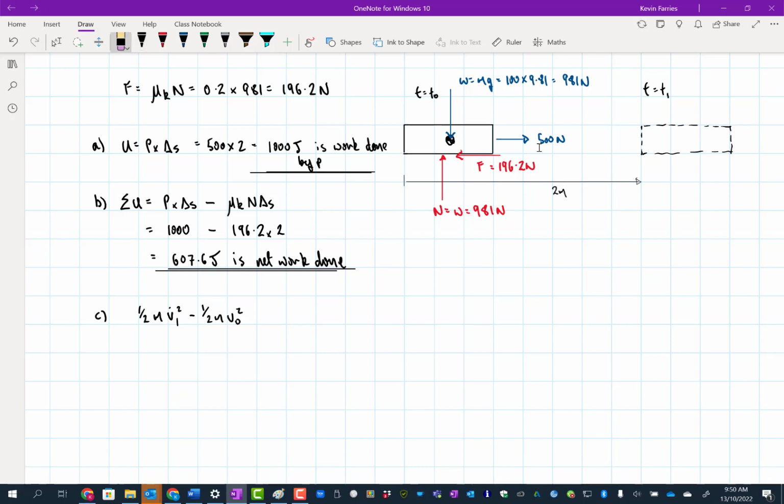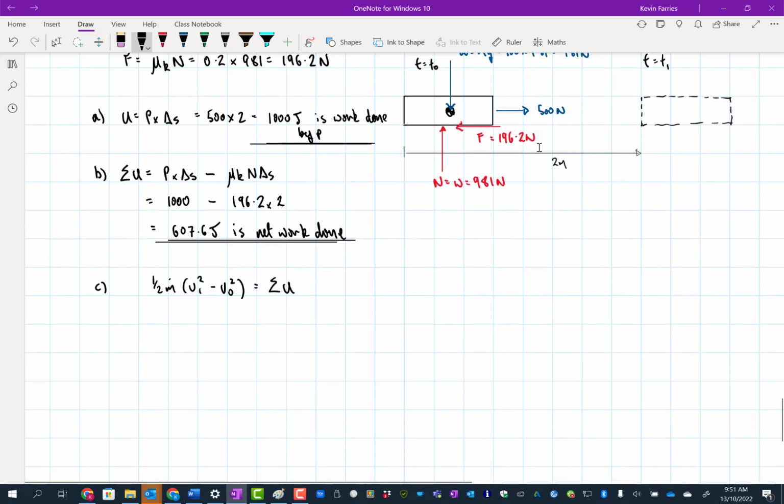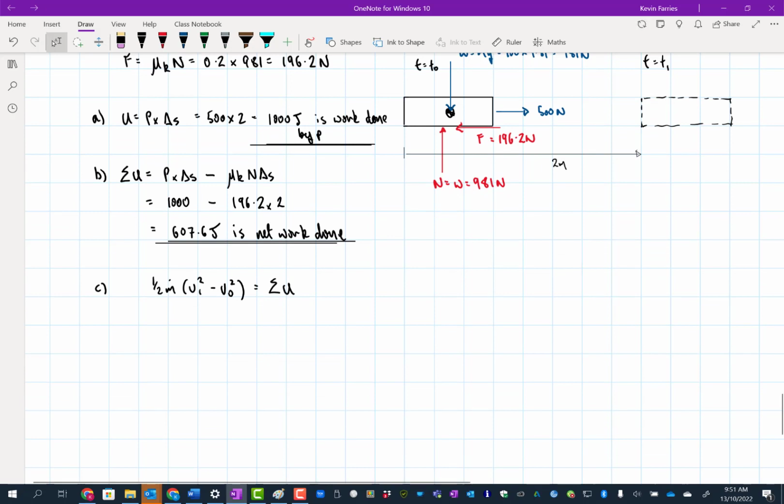So that's the change in kinetic energy. We can write that as a half, the final velocity squared, take away the initial velocity squared, is going to be equal to the net work done.